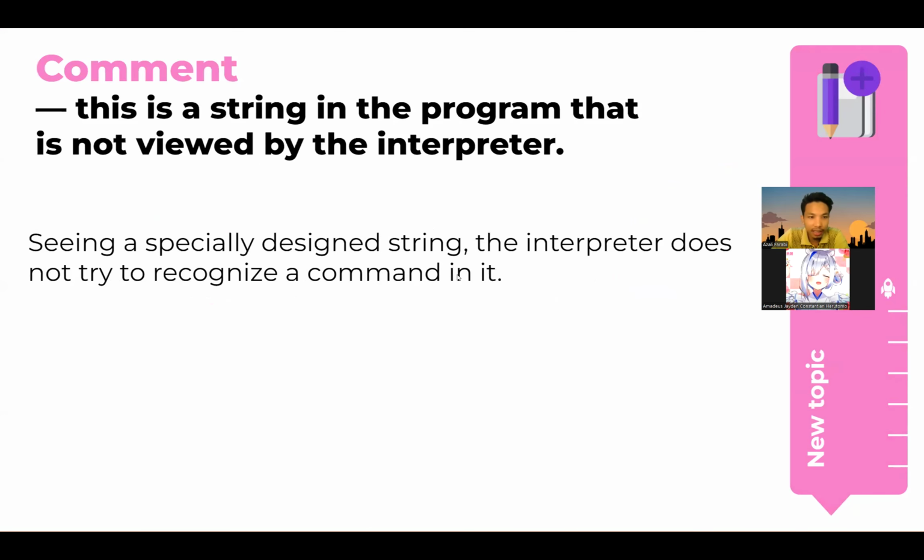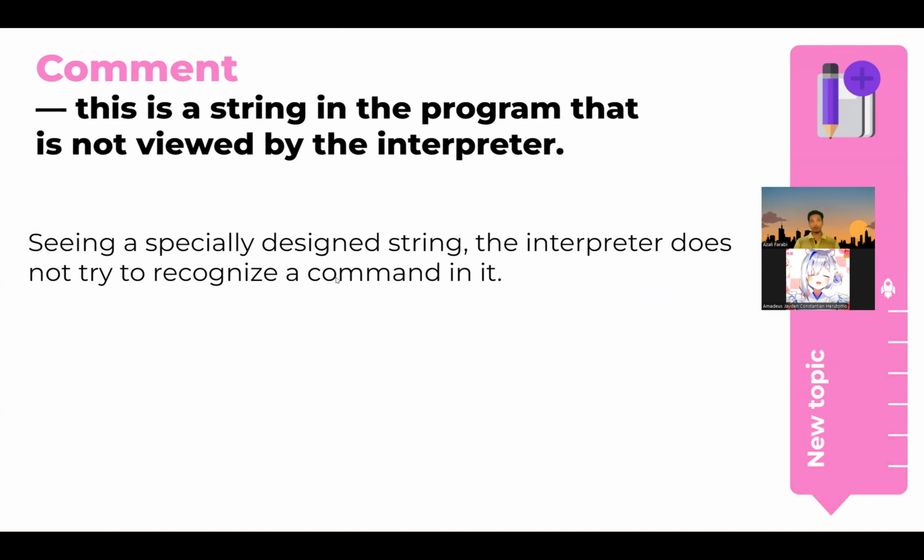So, Jaden, in some cases, maybe later you want to deactivate your code, but you do not want to erase or delete that code. You just want to deactivate it.